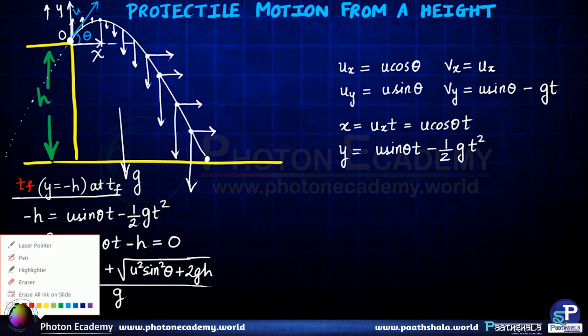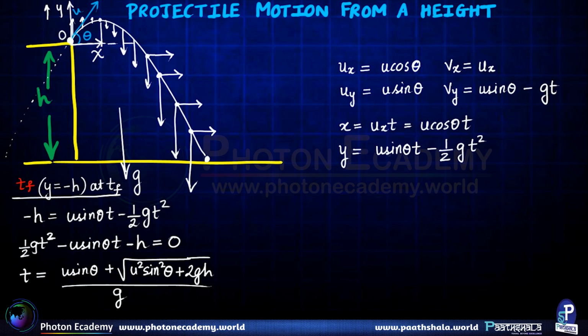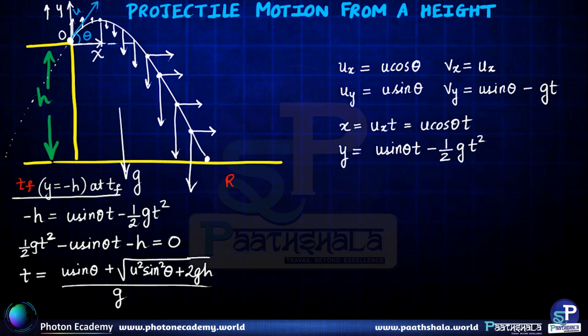The next quantity that we can find out is the range. So for range, the logic that we can use is, range is nothing but x coordinate at time of flight. So this is a simple logic that can be used.